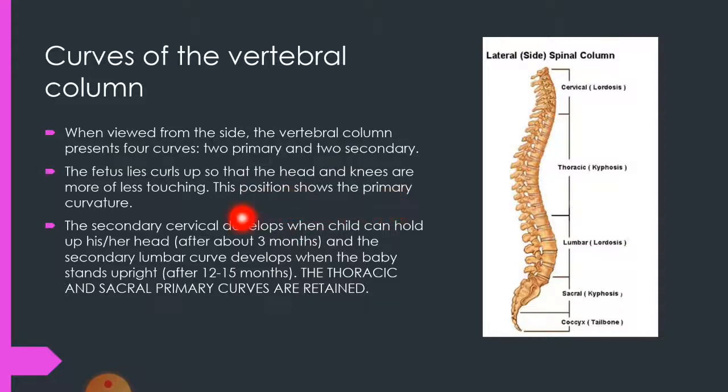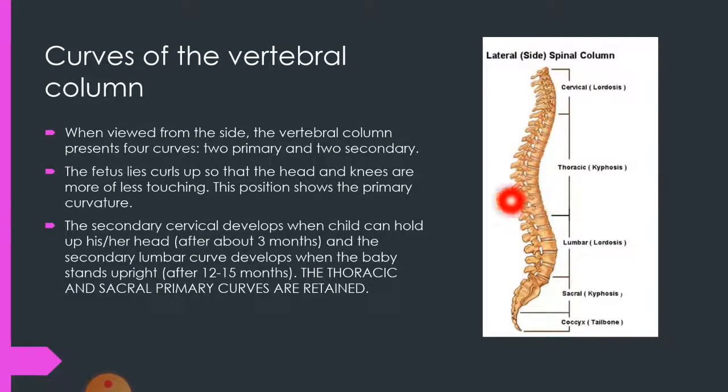This position shows the primary curvature, the thoracic curvature, which develops during the intrauterine life. You can see that this is concave anteriorly. This thoracic curve is called the kyphosis, and it is concave anteriorly.